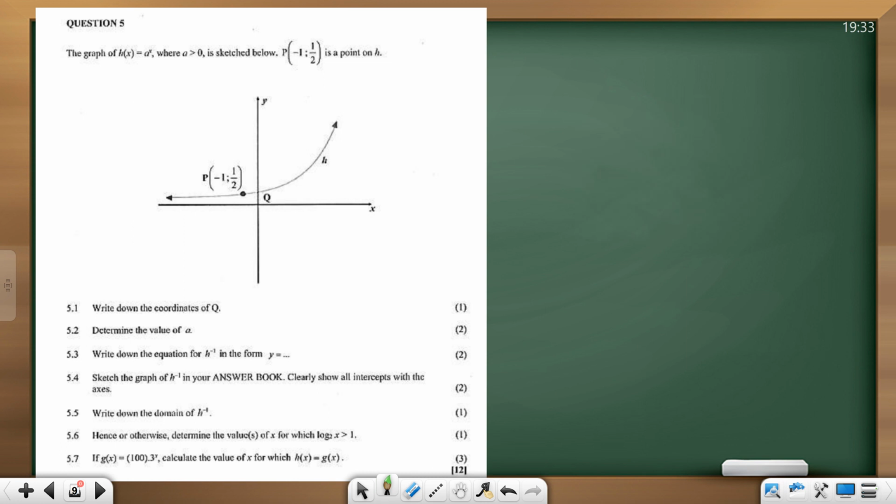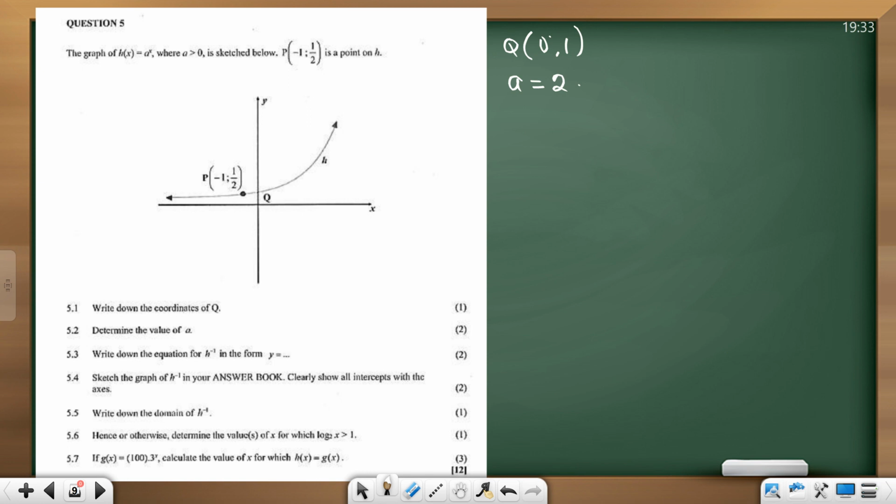Which one was difficult? Were you able to write down the coordinate of Q? What's your answer? Give me your answers quickly. We just want to write answers. What's the answer of Q? All right. Number two, what's the value of A? Guys, if your answer is different, please let me know. Is A 2? Okay.